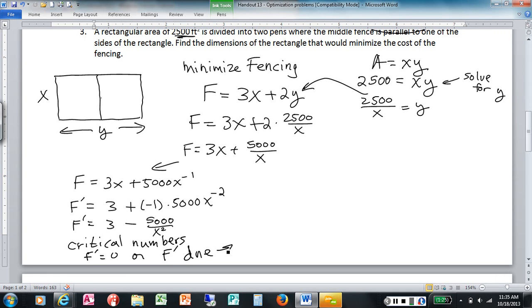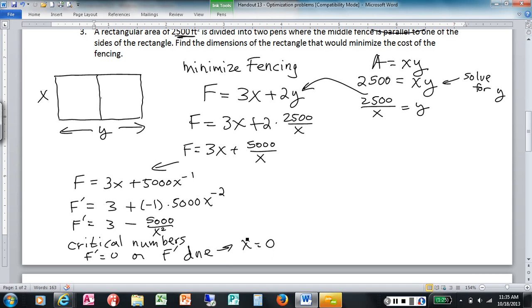It would be where x is 0. But in the context of this problem, would it make sense to have x equal 0? Why not? If we had x equals 0, we have no fence, okay? It'd just be a straight line.